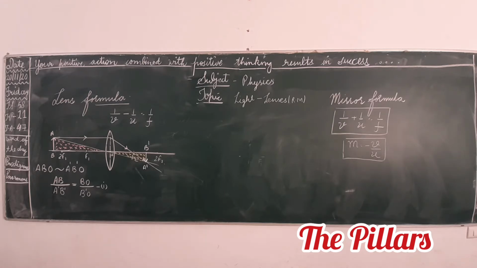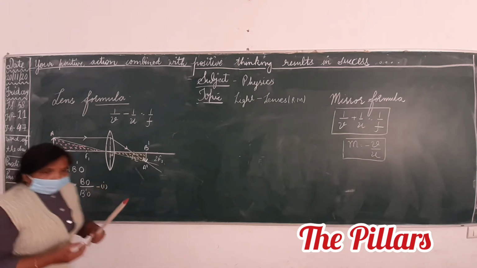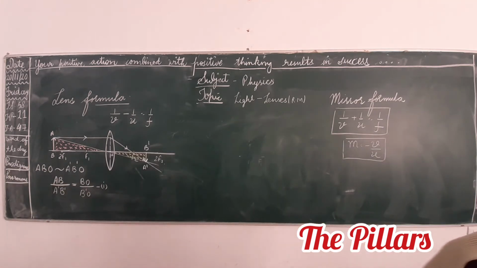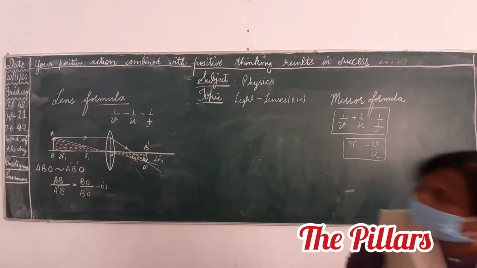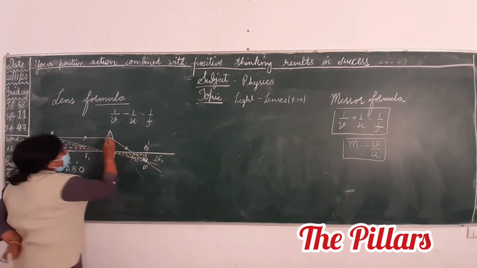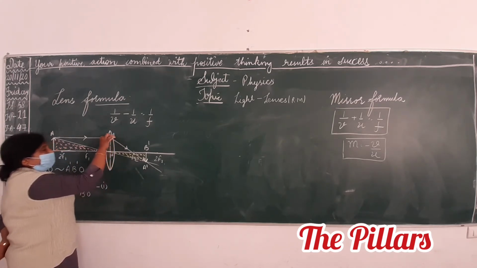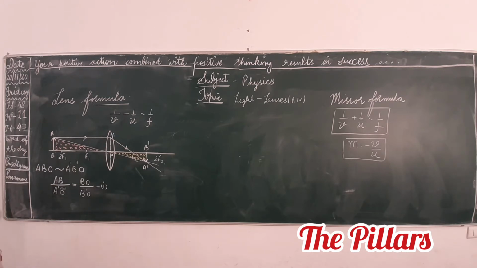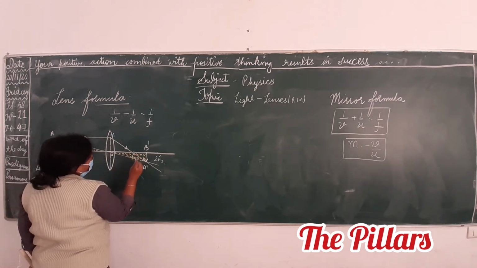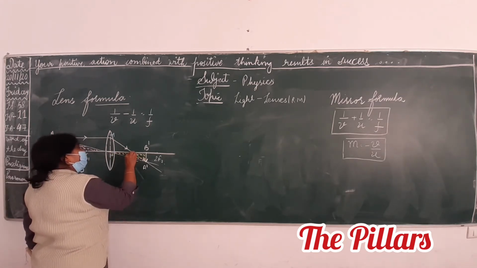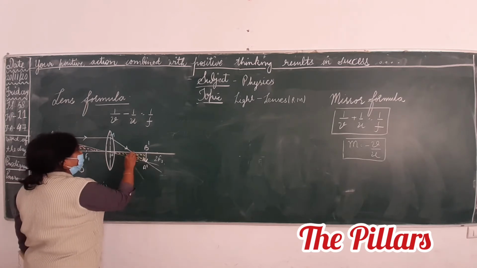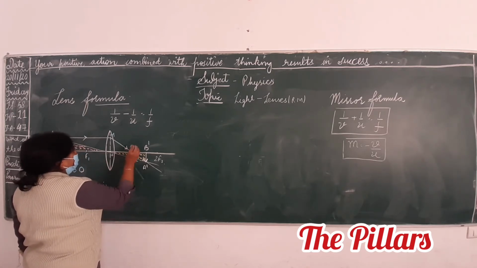Okay. Now please see, in your figure, you mark this point as M. Mark this point as M, O, P. And if we take this point, which point do you want to take?